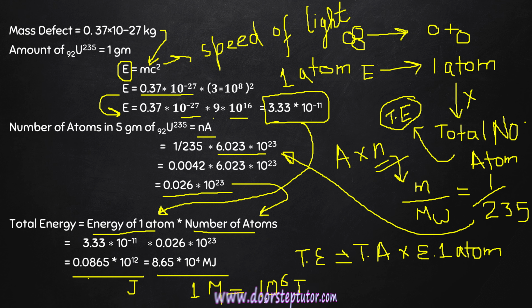This will give us the number of moles, which will be then multiplied to Avogadro's number to obtain the total number of atoms present in 1 gram of uranium.